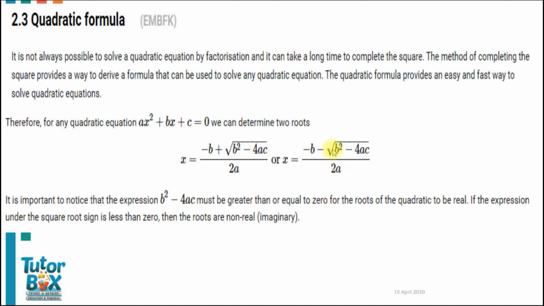If the expression under the square root sign is less than 0, then the roots are non-real, they're imaginary. If this is, let's say, minus 4, then the roots are non-real. For them to be real, this part has to be greater than or equal to 0.